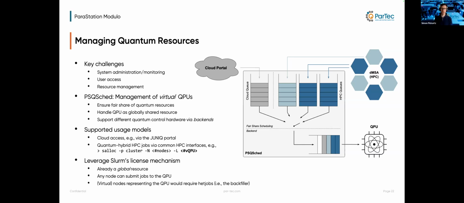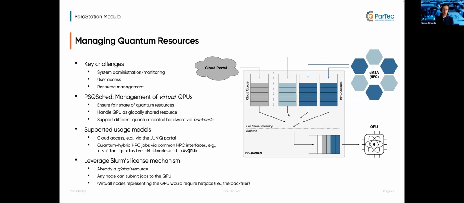And we manage the QPU resources in terms of so-called virtual QPUs. That means when a job allocates quantum resources, it is assigned a certain share of the QPUs, and our solution will ensure that this share is provided to the job over time, so that we do not have any idling resources on the HPC side.